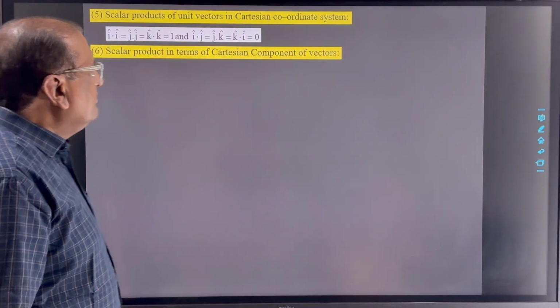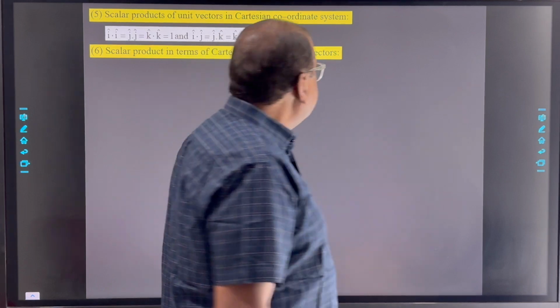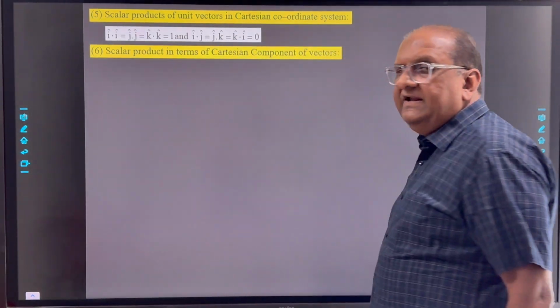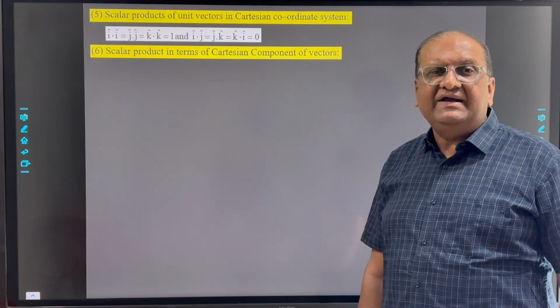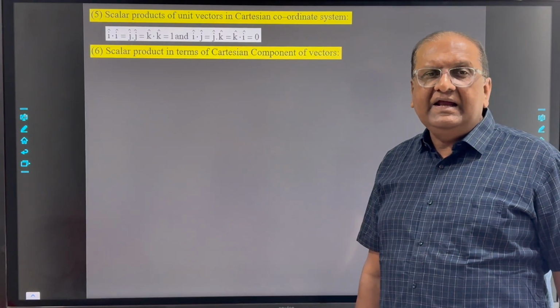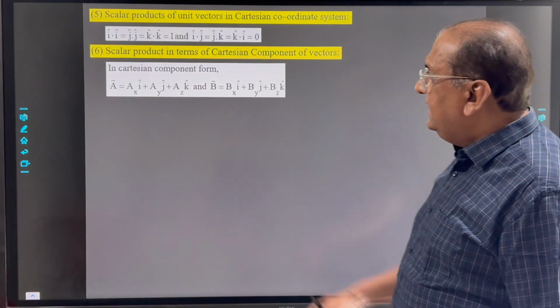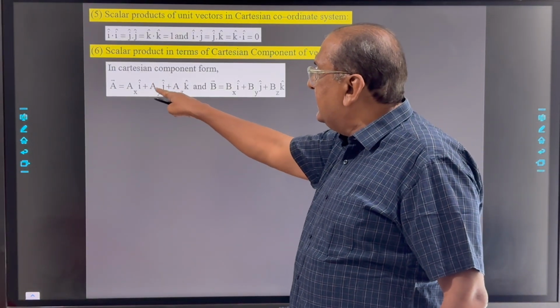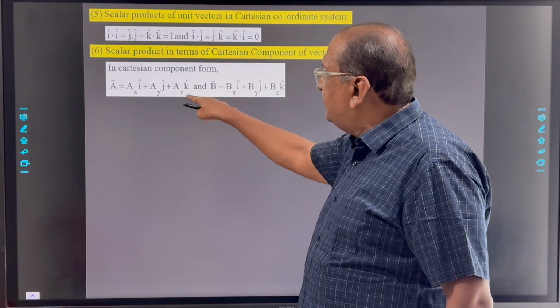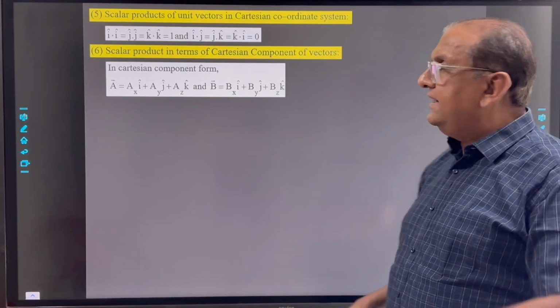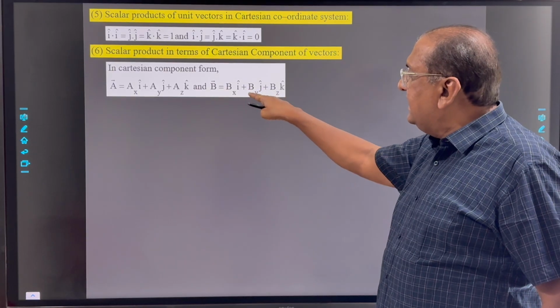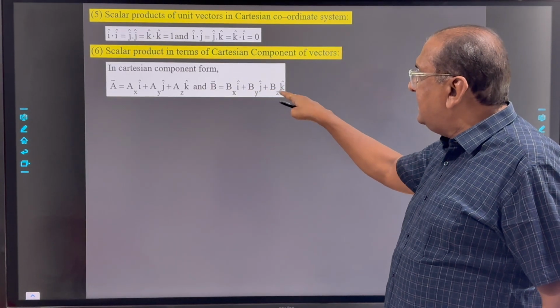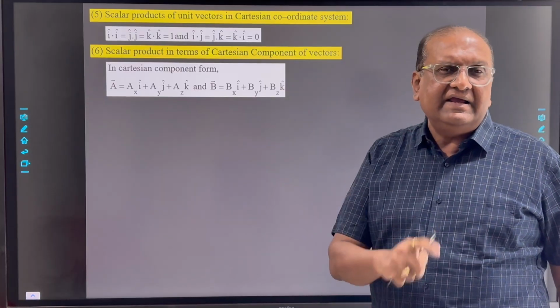Now see here, the scalar product in terms of Cartesian components of vectors, right? So in Cartesian component form we write the vectors A and B as vector A equal to AX i caret plus AY j caret plus AZ k caret, and vector B equal to BX i caret plus BY j caret plus BZ k caret.